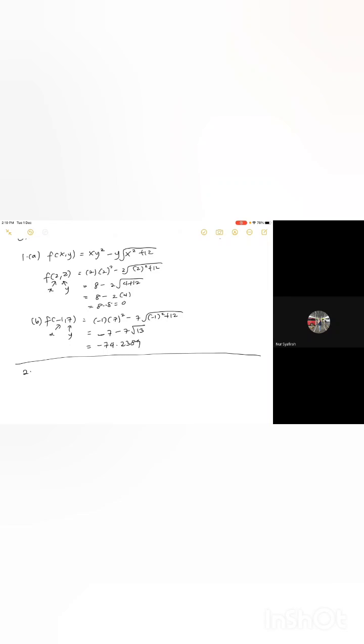Question number 2 is about domain, the domain of f. So I received so many questions about domain before this in chapter 2. So let's look into 2a first. So this is a rational function. So in rational function, whatever value in the denominator, it cannot be equal to 0.